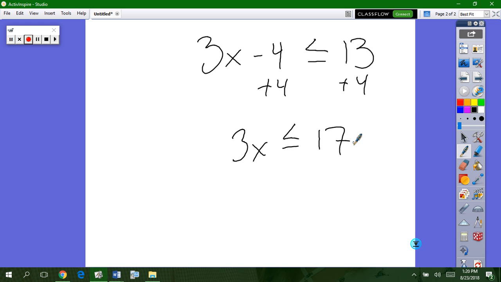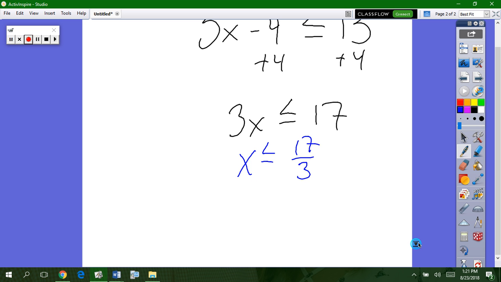Okay. Then what? Divide by 3. Notice that now that's looking like what we started with on the previous example, wasn't it? Okay, so we're going to finish this up.